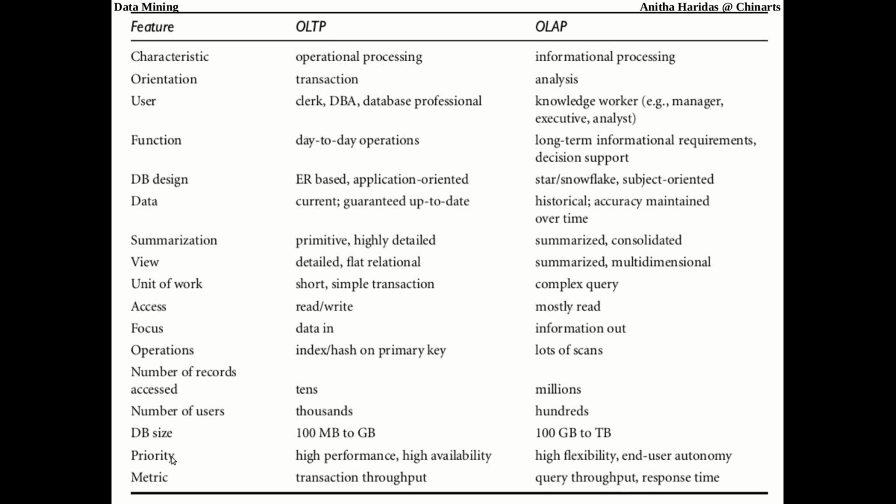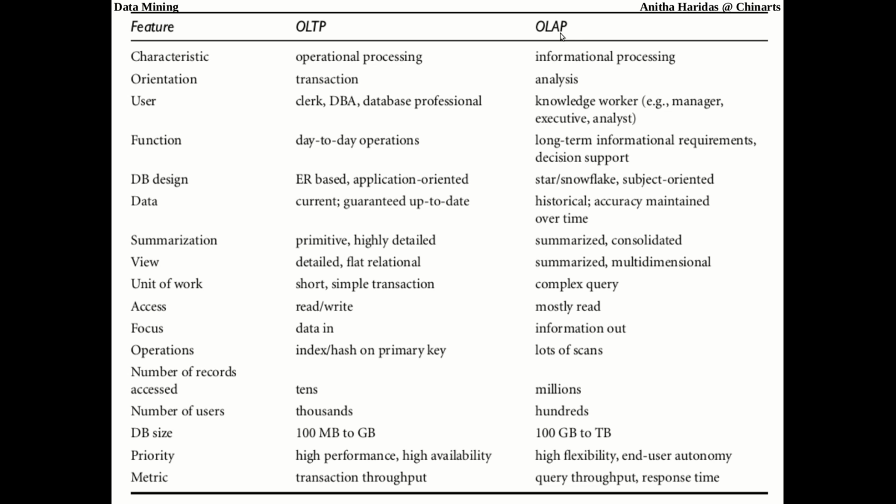And the priority for transaction processing, high performance is the priority, because you need to have the transaction processing done in a highly available database, and it has to give you good performance also.